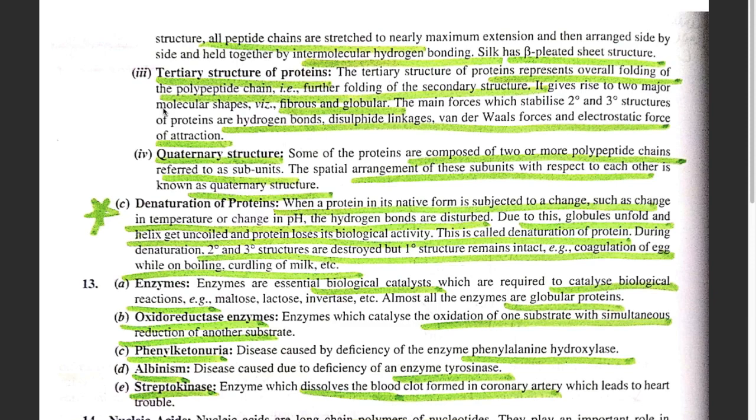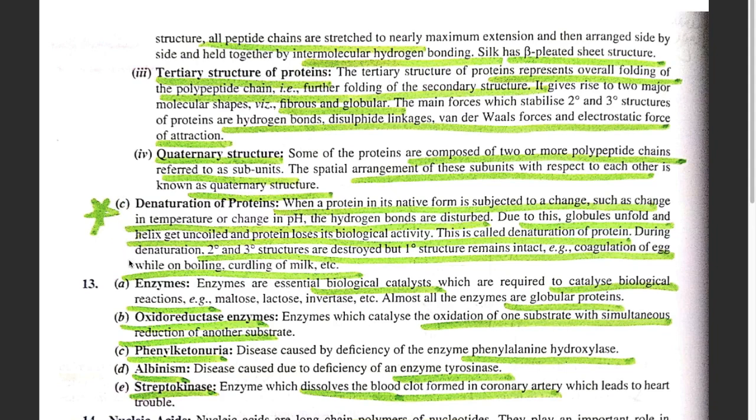By the further folding of the secondary structure, the tertiary structure arises, which is of two types, fibrous and globular. And when the subunits of protein acquire a three-dimensional arrangement, they give rise to the quaternary structure. That means from the tertiary structure, the quaternary structure arises.